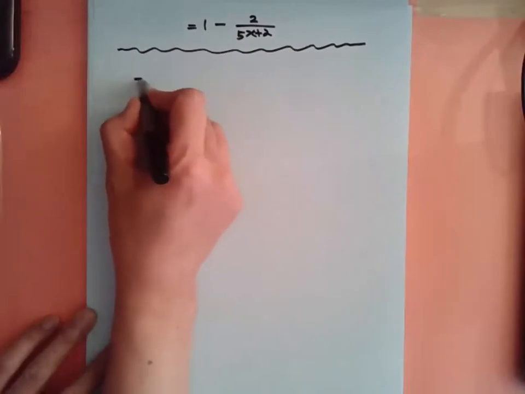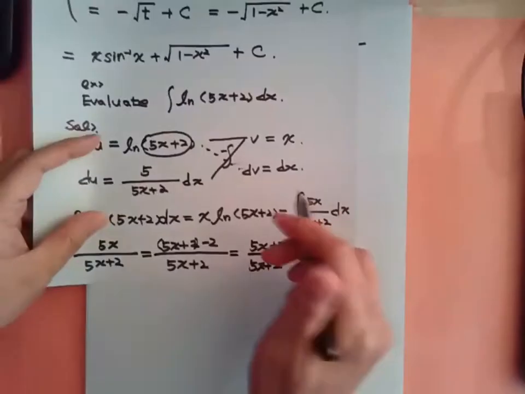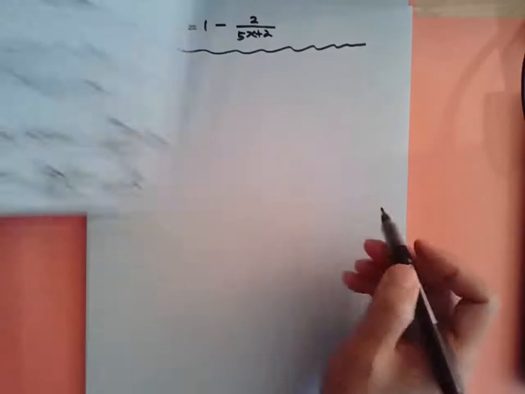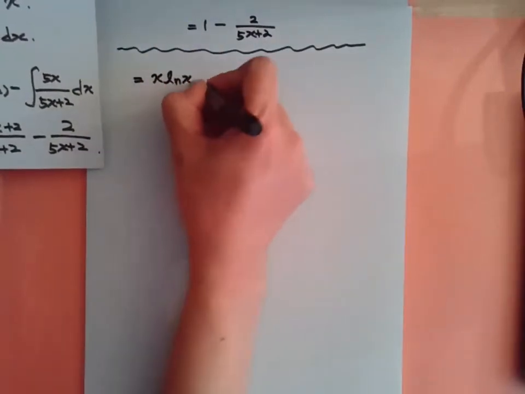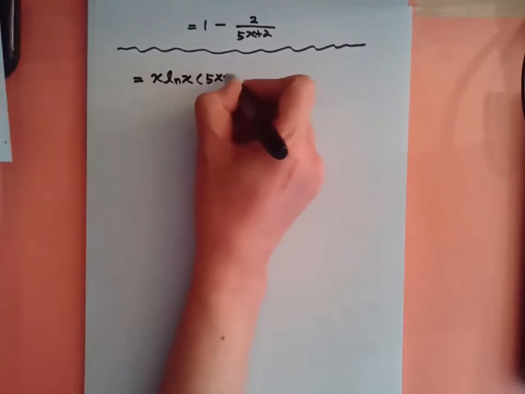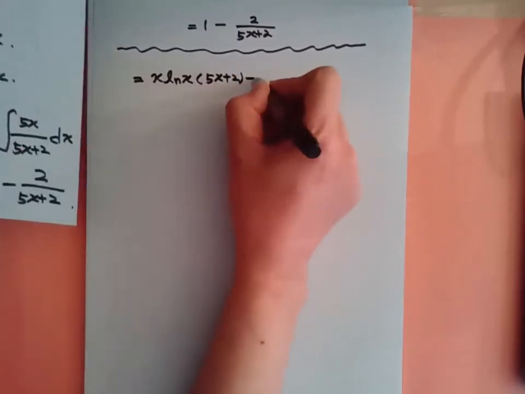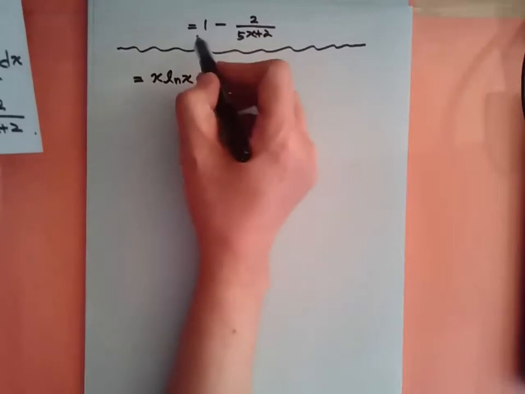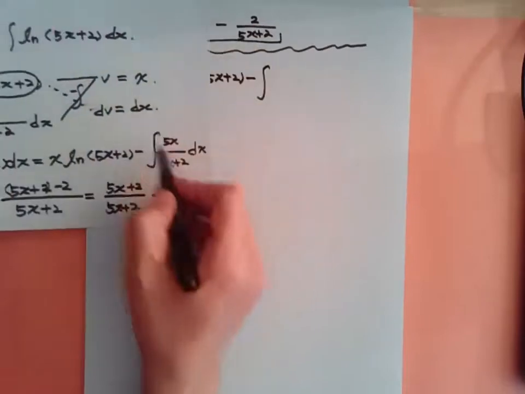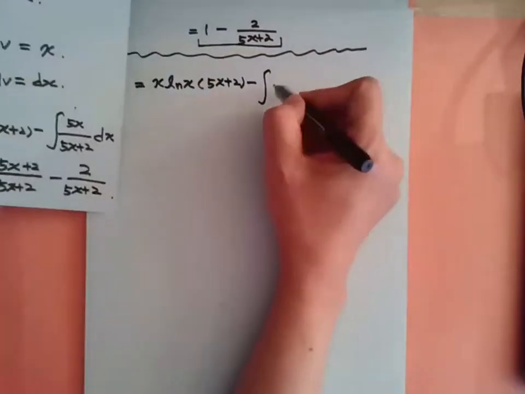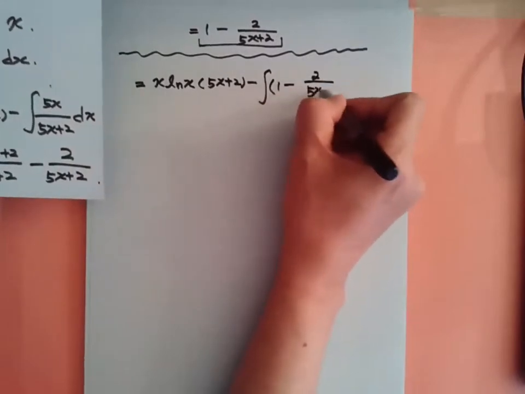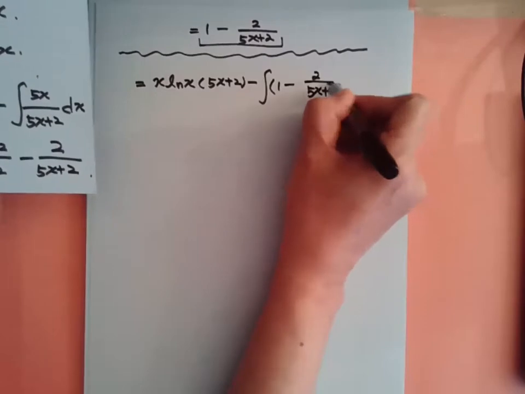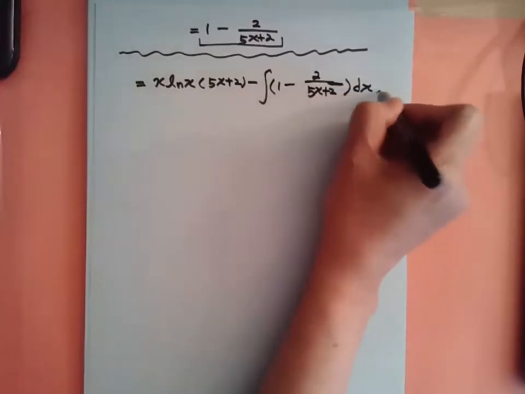Let's go back to the integration here. Then that is x natural log of 5x plus 2 minus the integration, and based on this information about this fraction, we can rewrite that as 1 minus 2 over 5x plus 2 dx.